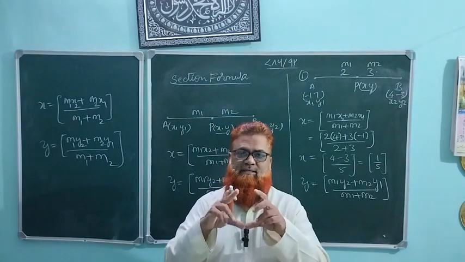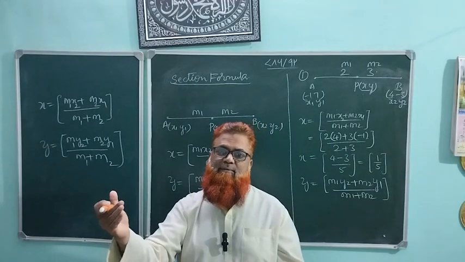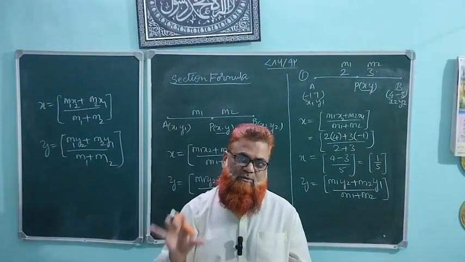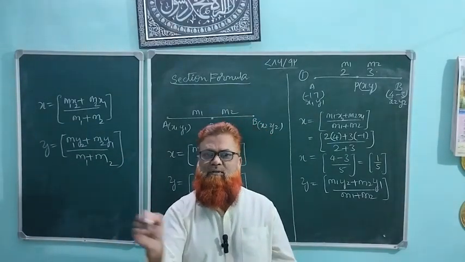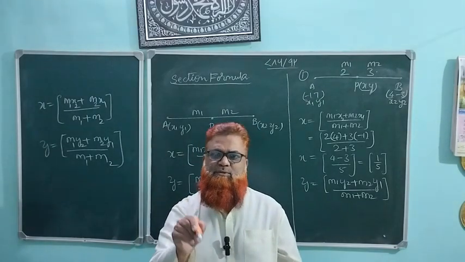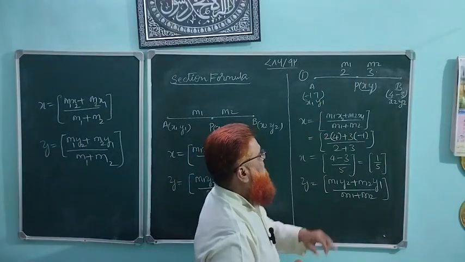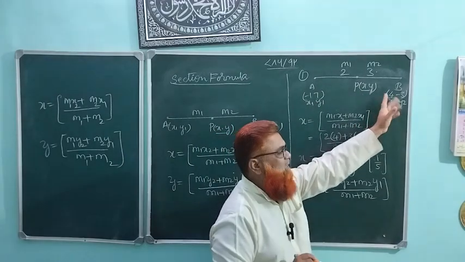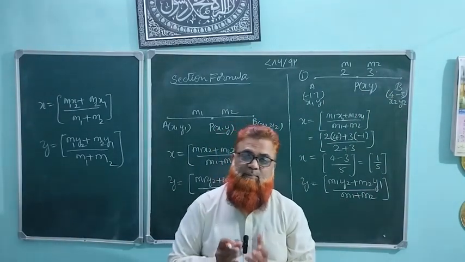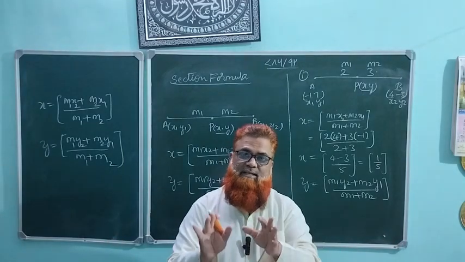Analytical thing means analyzing the problem. What is given, you should write down. What is being asked, that also you should write. What is given, you just collect it, and substitute directly. For example, here m1 m2 is given, x1 y1 is given, x2 y2 is given, and what is being asked? The point P which divides these 2 points is being asked.